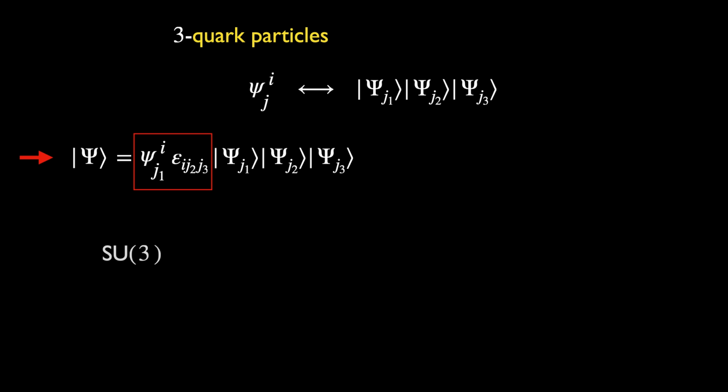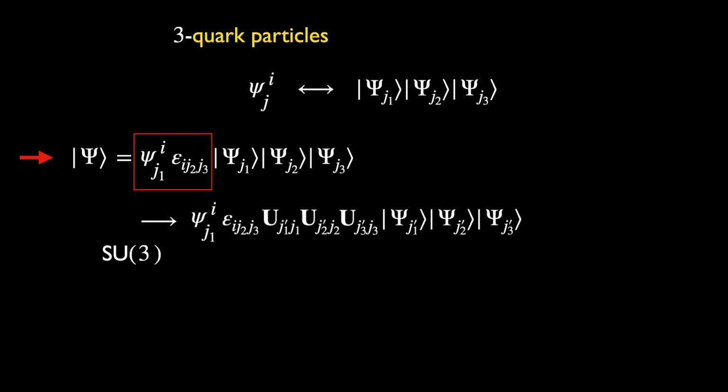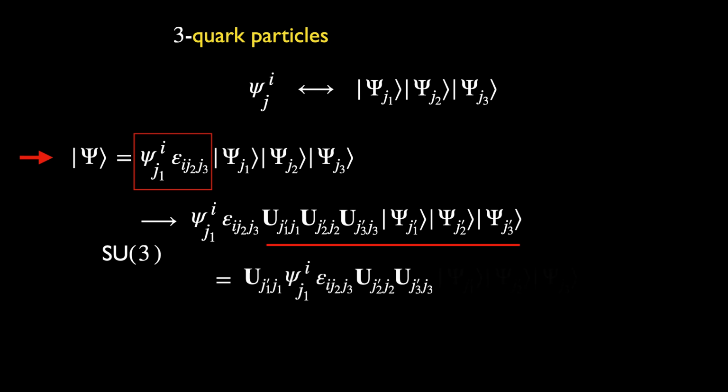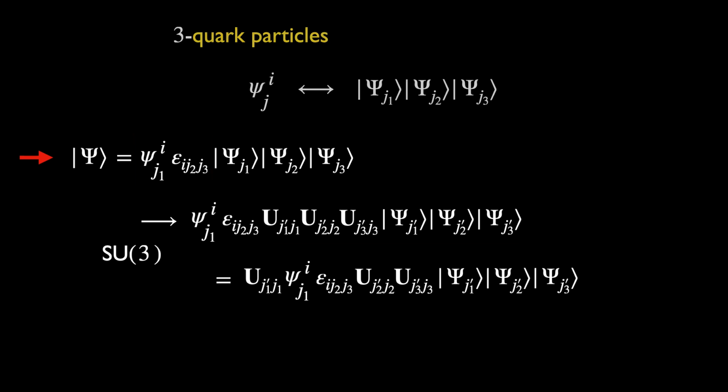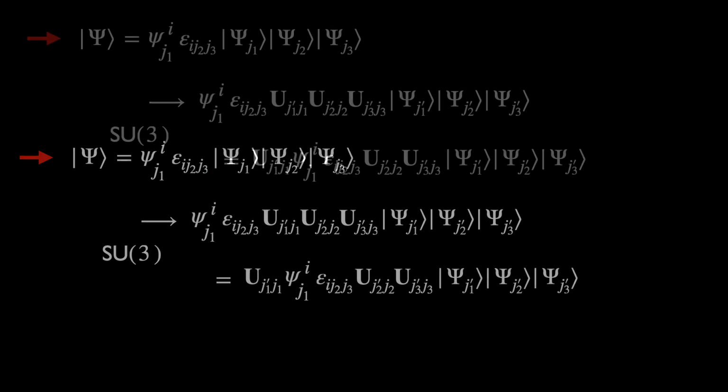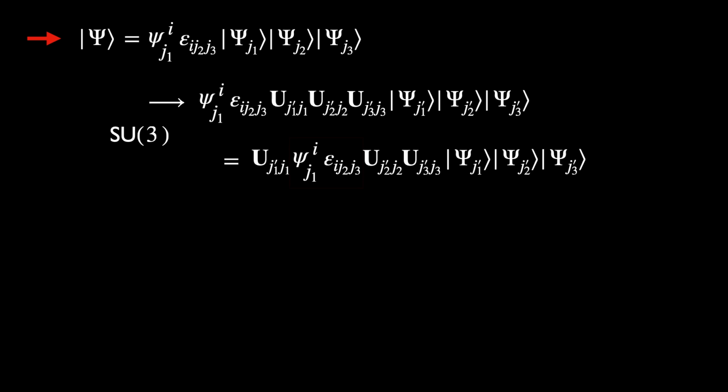Under SU(3), this is how the state psi transforms. This is the result of the transformation of the basis states. Rearranging the U's, we have... We can rewrite this term by inserting a Kronecker delta.